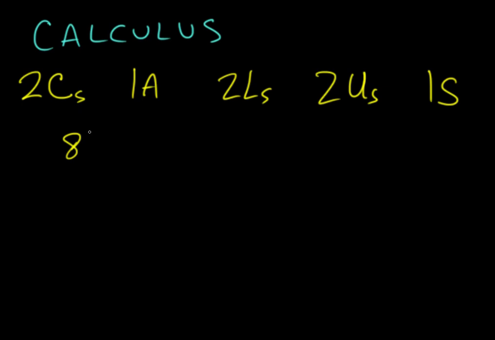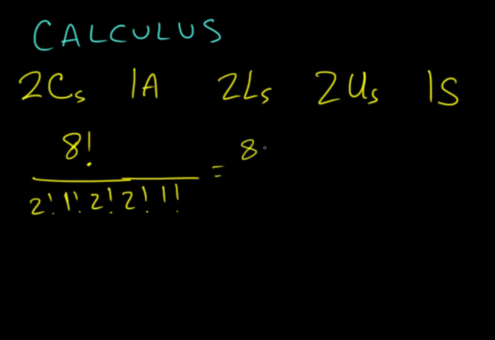So we're going to get 8 factorial on top. And on the bottom, we're going to get the distinct possibilities of each letter multiplied together. So we're going to get 2 factorial, 1 factorial, 2 factorial, 2 factorial, 1 factorial.